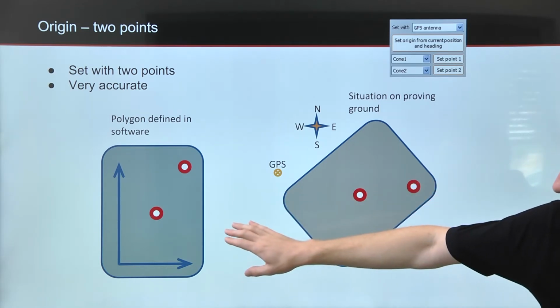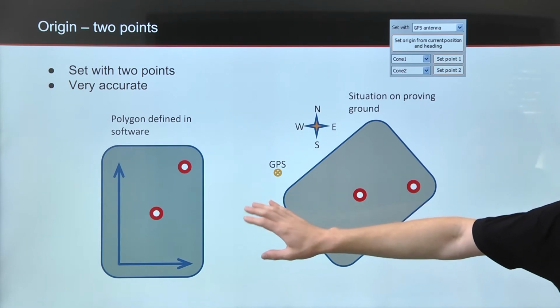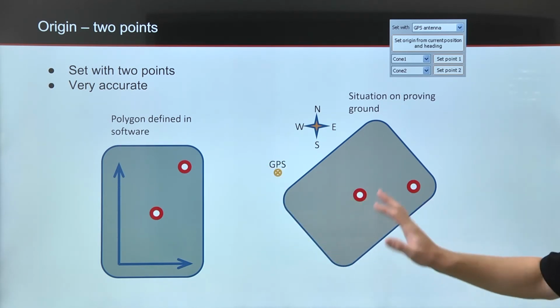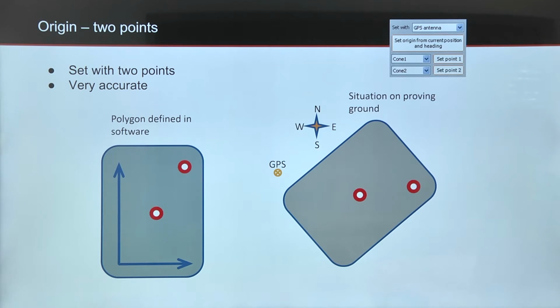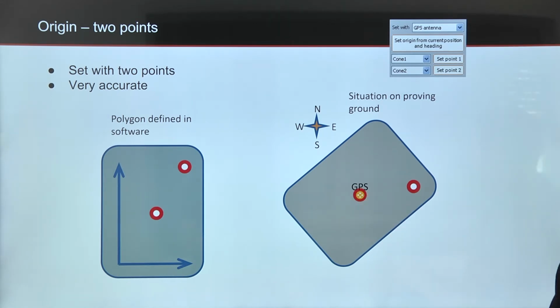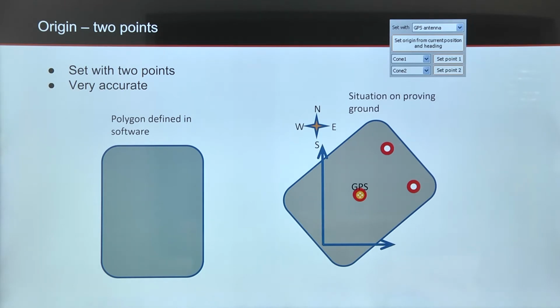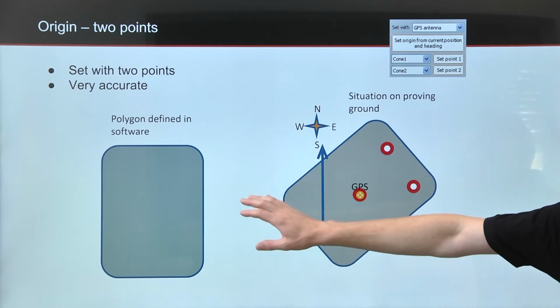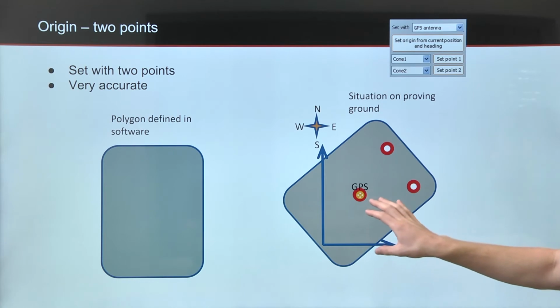And inside the software, we have also positions of 2 cones at the same reference area, basically. So what we do first is we move with the GPS antenna over the first cone. Then we click set point 1 inside Polygon, and we will actually move the complete position over the first cone.